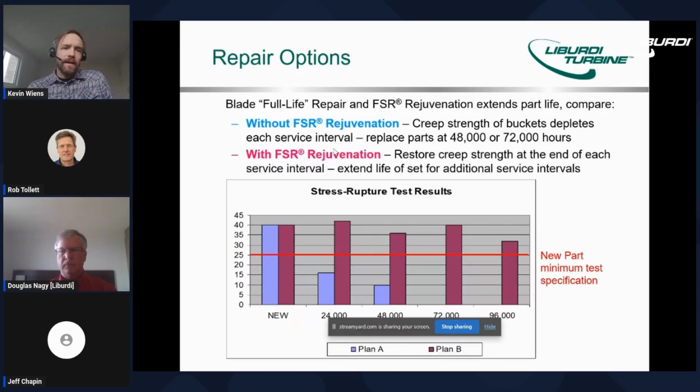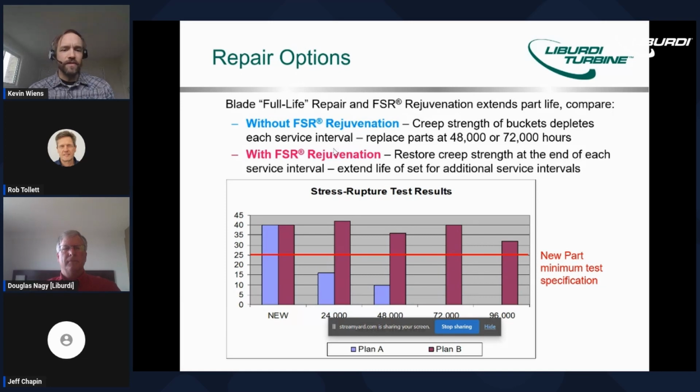When we look at how rejuvenation can change the long-term outlook for a component, we need to think about the degradation that's happening with each service interval. So this shows on the vertical axis stress rupture strength of the material, and on the horizontal axis we see hours of operation.